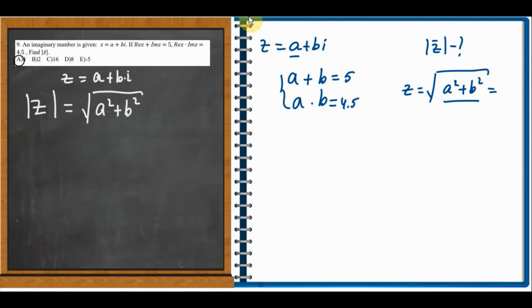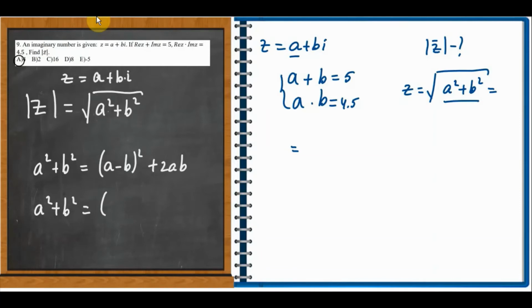So let's write the formula, the shortcut for this. a squared plus b squared can be represented with a minus b squared, and in order to get this value, we should add 2ab. Or we have another formula: a squared plus b squared is equal to a plus b squared minus 2ab.